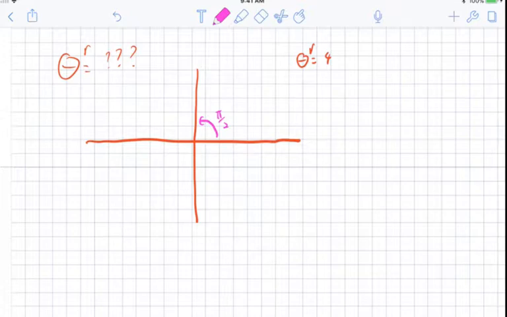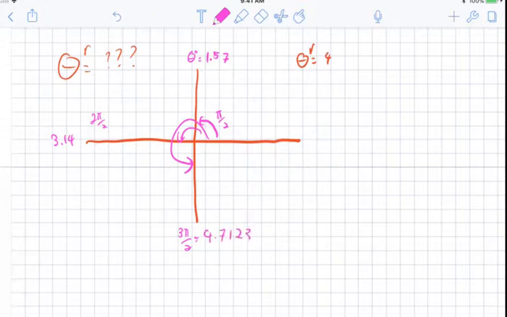So in terms of the angles, this is 1.57, and this one here is 2 pi over 2, so it's just pi, 3.14, and this one here is 3 pi over 2, which is 4.7123, and this one's 2 pi, which is 6.2831.